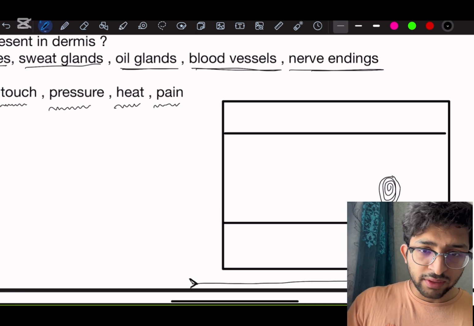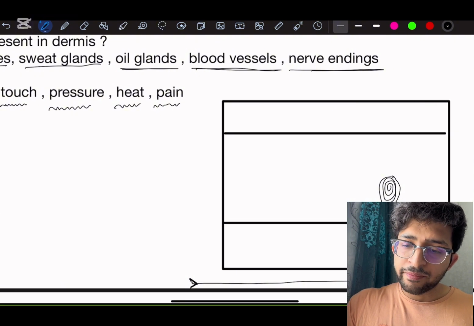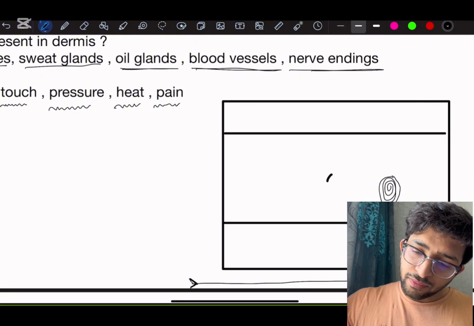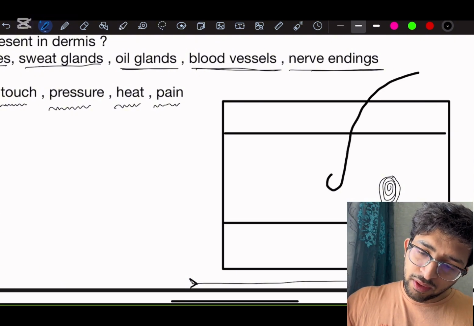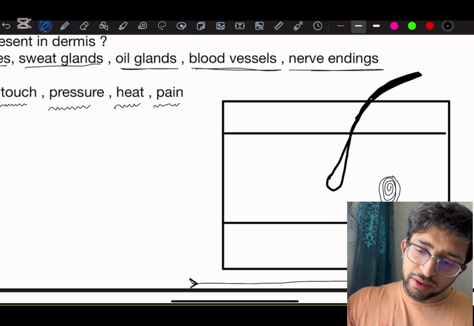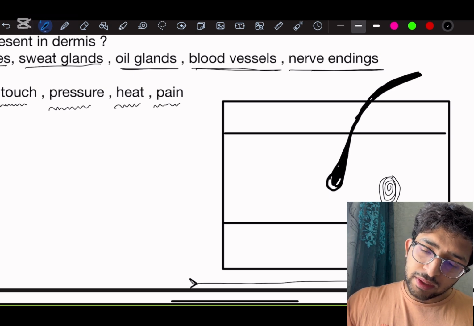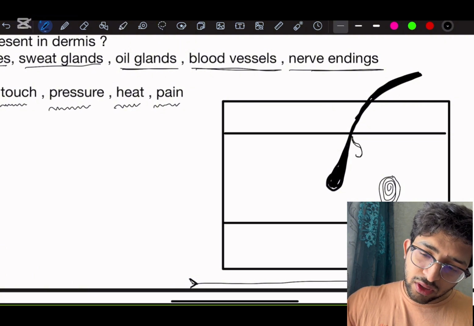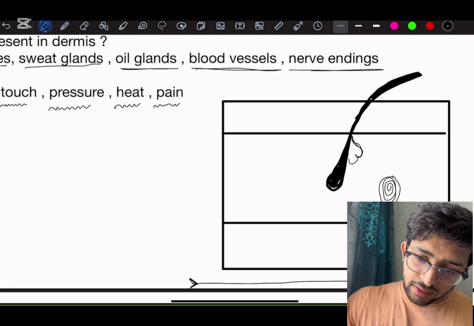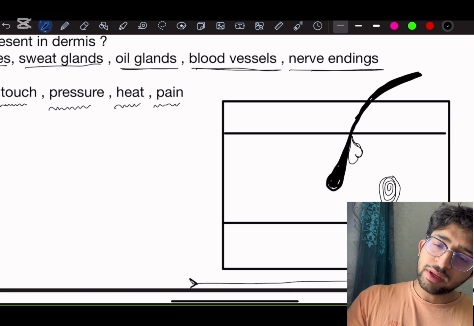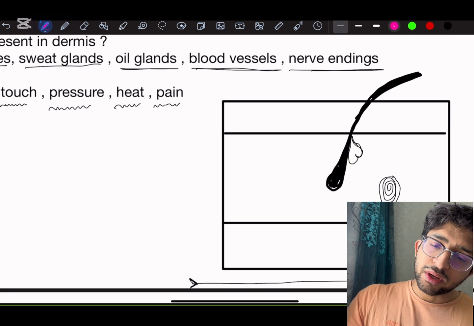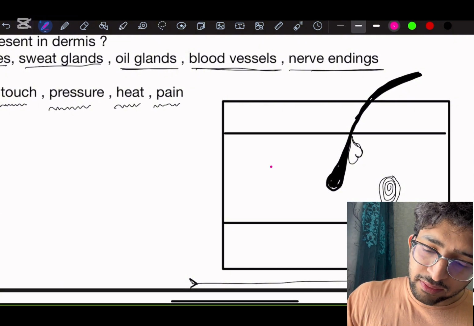These are the nerve sensations which are present over here. These are the hair follicles which are present in the dermis part. These are the sebaceous glands, we call them oil glands. And another one is the sweat glands.